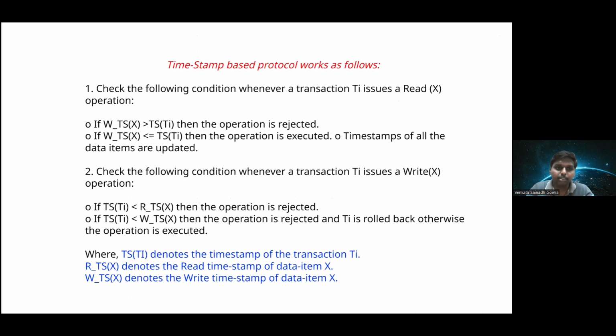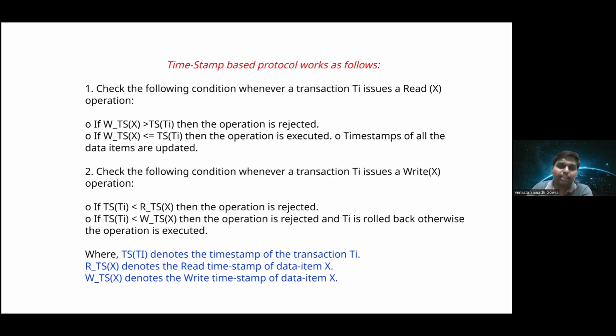Otherwise, after the timestamp is denoted, it can read the data, so the operation is executed. Next, the timestamp of the data item is updated. When you write the data, the data timestamps are updated.